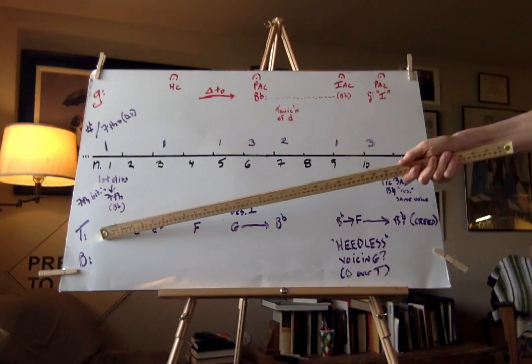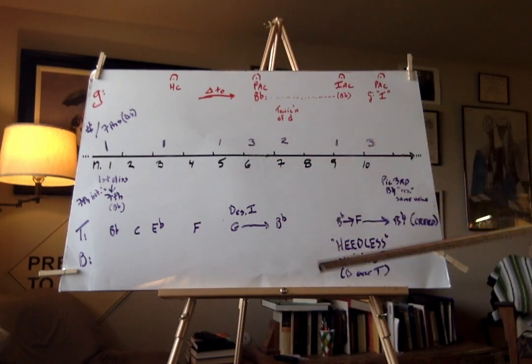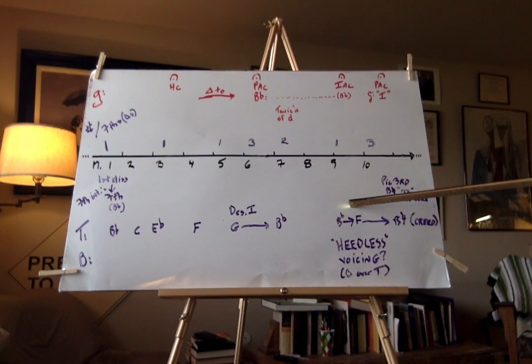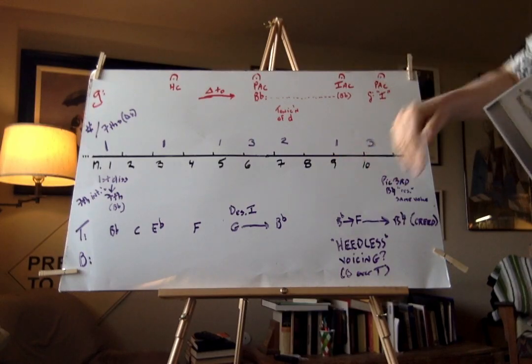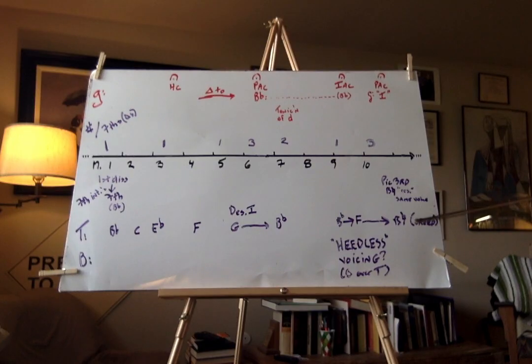And I think that it's really kind of interesting that you've got two very dramatic falls, very dramatic descents here. Here, about measure 6 or 7, and here again about measure 9 or 10, where there's this huge fall to descend. And this last leap in the tenor line outlines a tritone.